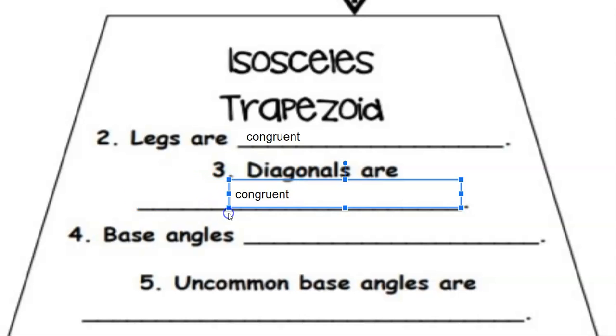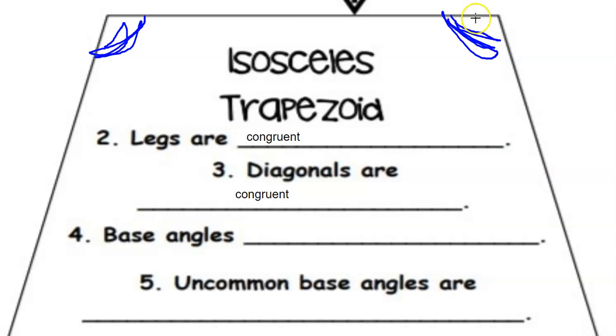Okay, now just like isosceles triangles, isosceles trapezoids have base angles. So let's look at those. The base angles here would be these 2 up here. In other words, the 2 angles on either side of one of the bases. This is a base up here, and there's another base down here at the bottom.